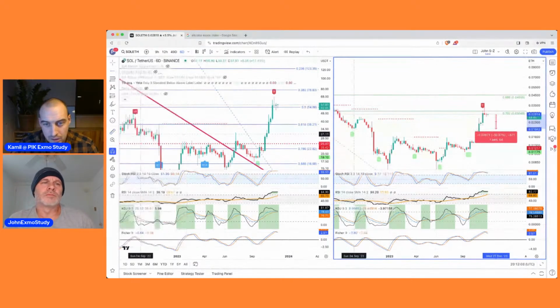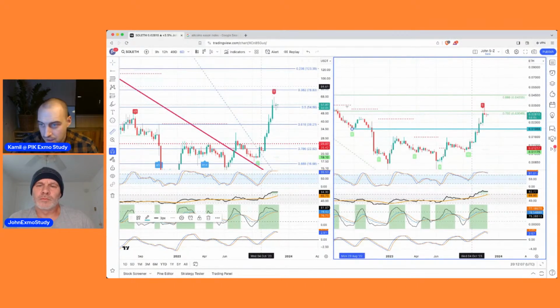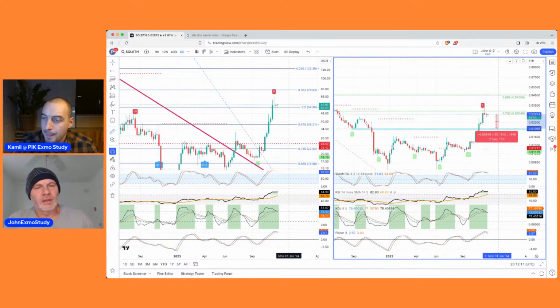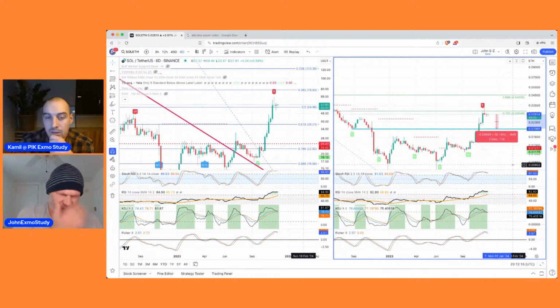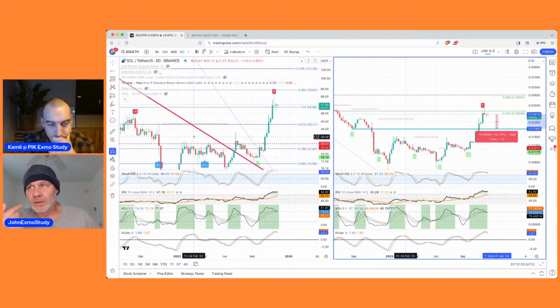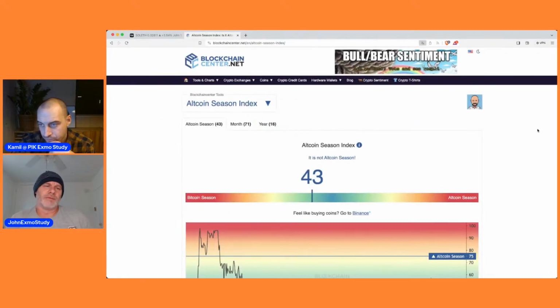Because you take it to here, and that's 30% off the current price, which is still okay. Once it translates over to USD, I would like to see it stay over the $50 to $51 range, because that's where we completed the inverse head and shoulders.